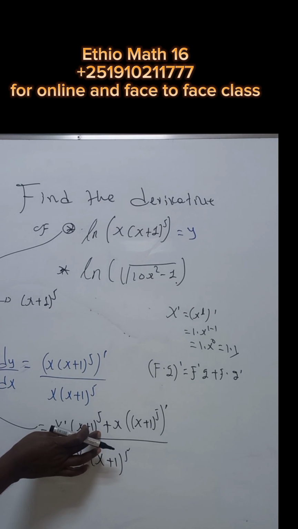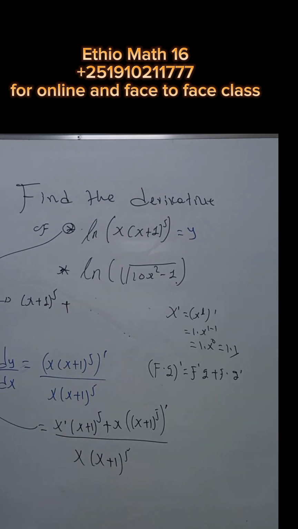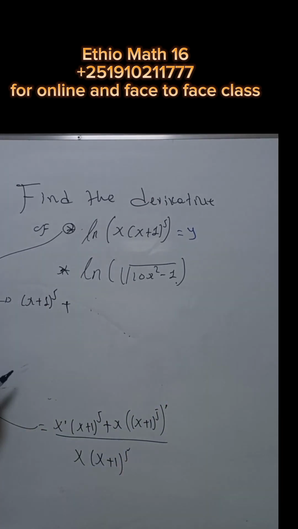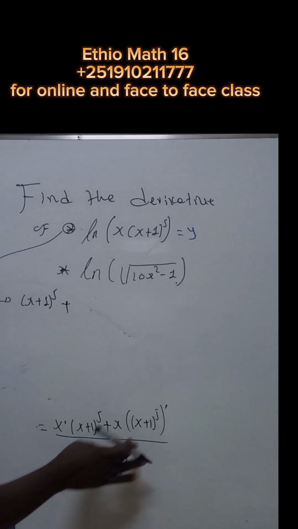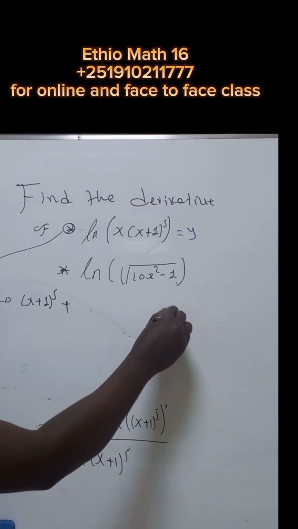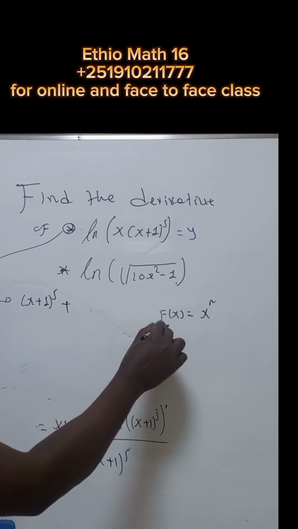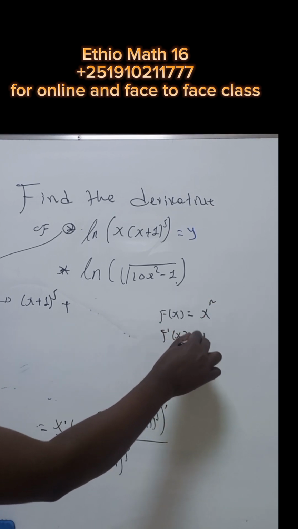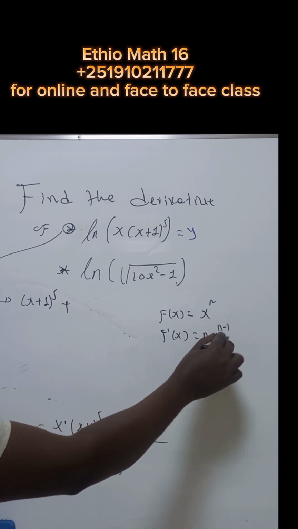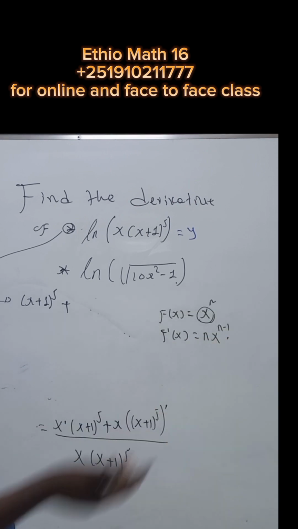Plus, to find the derivative of the second function, (x plus 1) raised to 5: for example, if we have the function f of x equal to x raised to n, then f derivative at x is n times x raised to n minus 1, times the derivative of the inside, which is already 1.